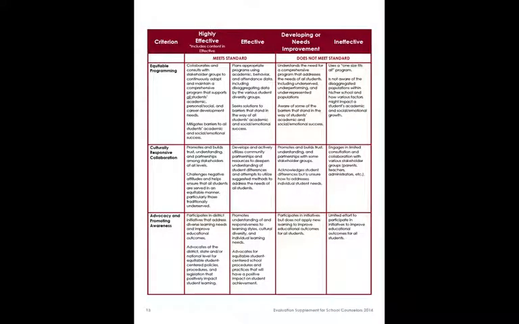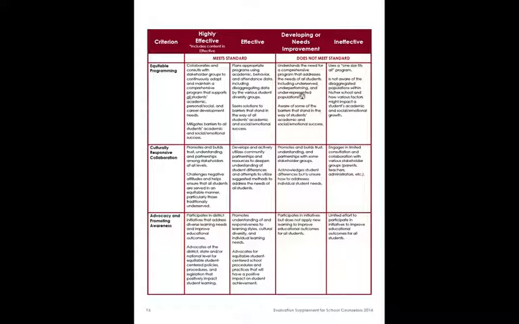So looking at the rubric, those really divide out into three distinct areas. The first one is equitable programming. When you think about who doesn't have access to that comprehensive program, if you look down in the ineffective, you see one size fits all. That never works, and we know that in education.